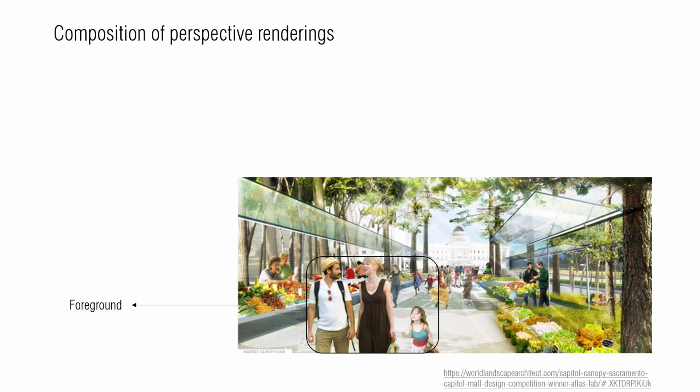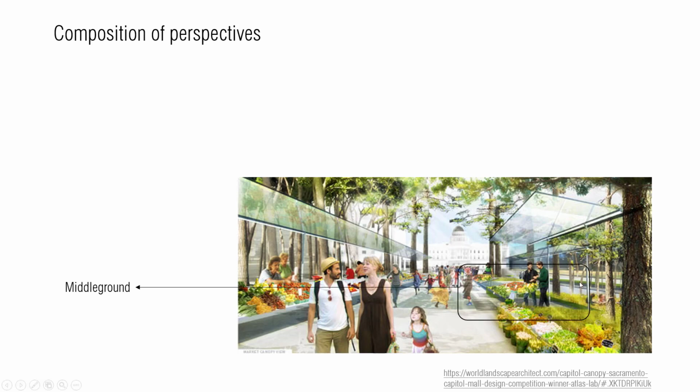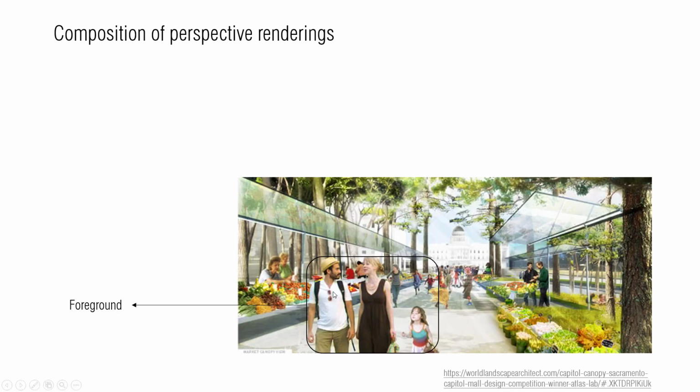You can see that this rendering is quite nice in balancing the foreground, the middle ground, and the background. This is what I really like about it. You can imagine that if you remove the foreground, the rendering would look less interesting.